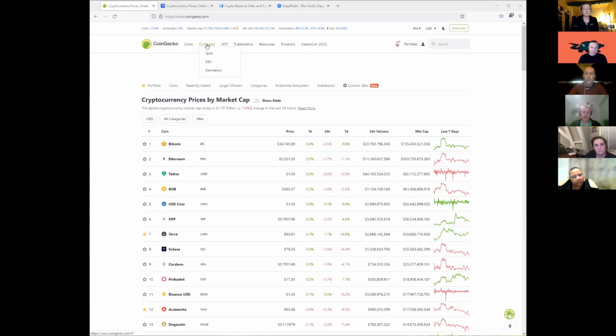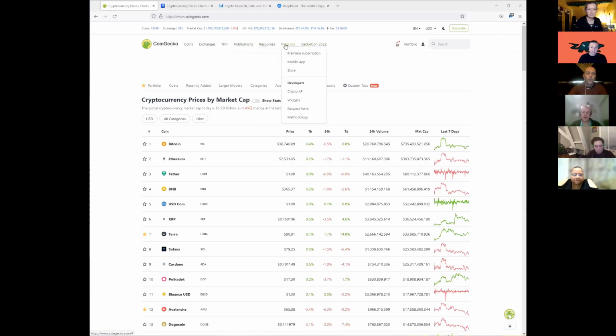You've got the different exchanges for either spot trading, decentralized exchanges, or derivatives. You've got NFTs, and there are two in here. There's the NFT related coins, which ones that you'll see that are actual tokens related to NFT projects. And NFT floor prices, and the floor price is kind of the base average price of an NFT if you're looking to get into it, and I'll show you that in a sec. And then the final few things which are really useful are publications and other resources.